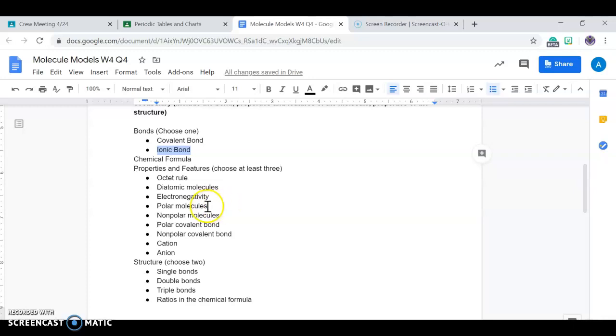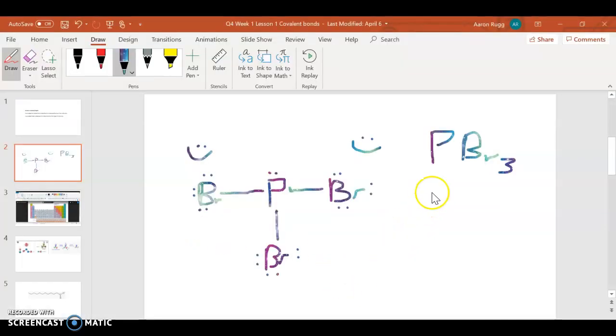Let's look at polar versus nonpolar molecules, okay? When something is polar, we're looking at the electronegativity of the overall atom. So we'll first look at the electronegativity in the bonds and determine whether it's a polar covalent bond or a non-polar covalent bond. Okay? So the first thing we need to figure out is which is the more electronegative atom.